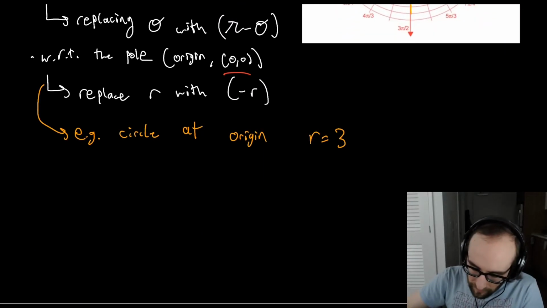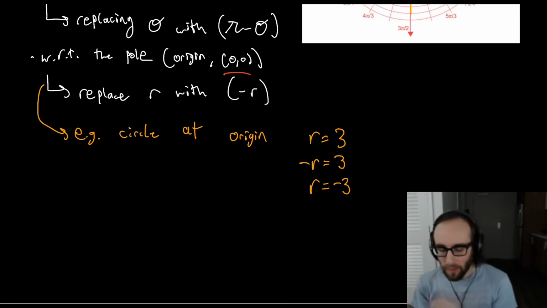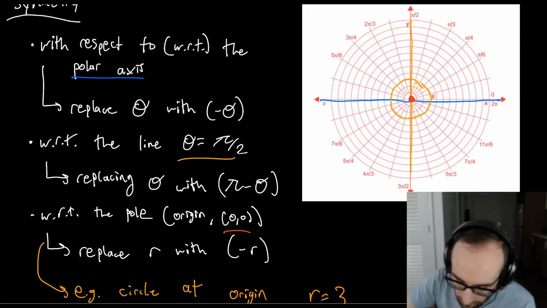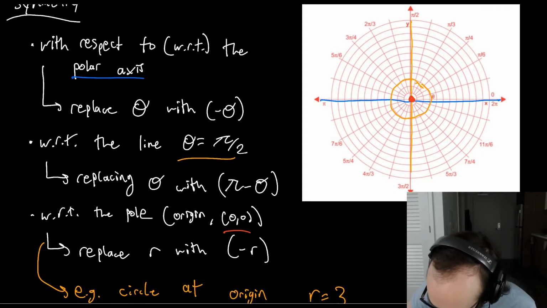If we replace r with negative r, in other words r equals negative 3, no matter what angle we're at, for example pi over 4, instead of being at 3, we'll be at negative 3.